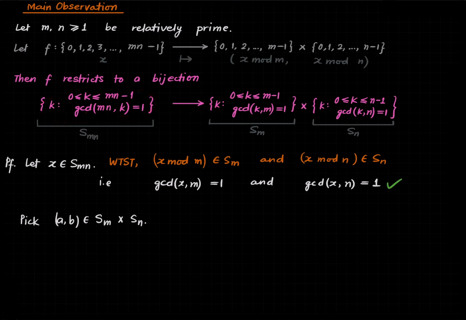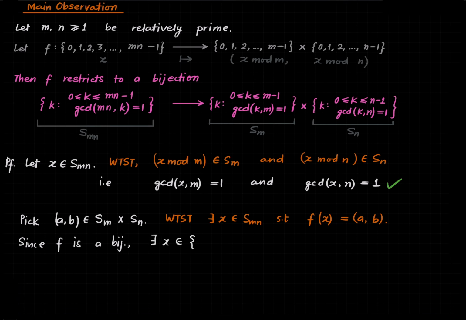So we want to show that there exists x in S_mn such that f of x is (a, b), but since f is a bijection, there exists x in all the possible remainders modulo mn such that f of x is (a, b).